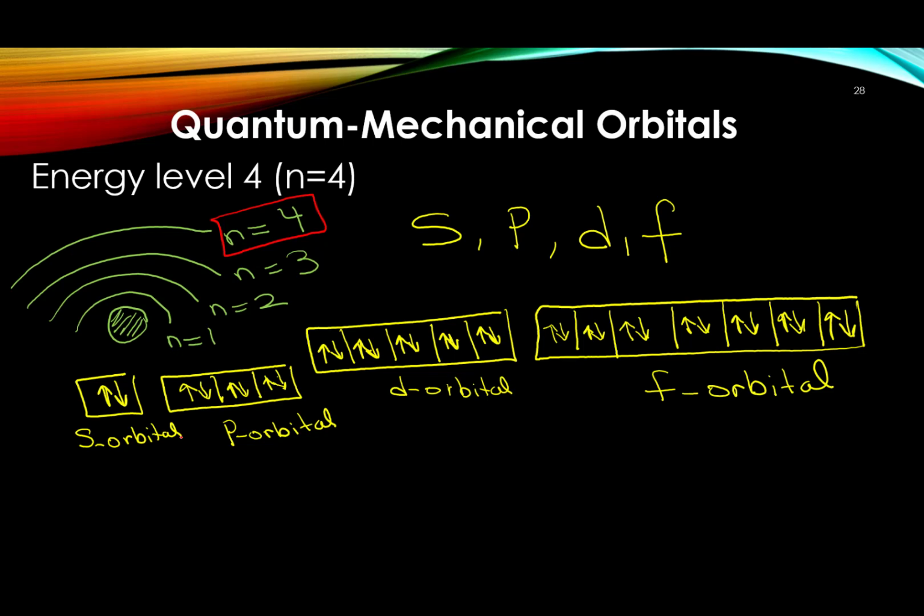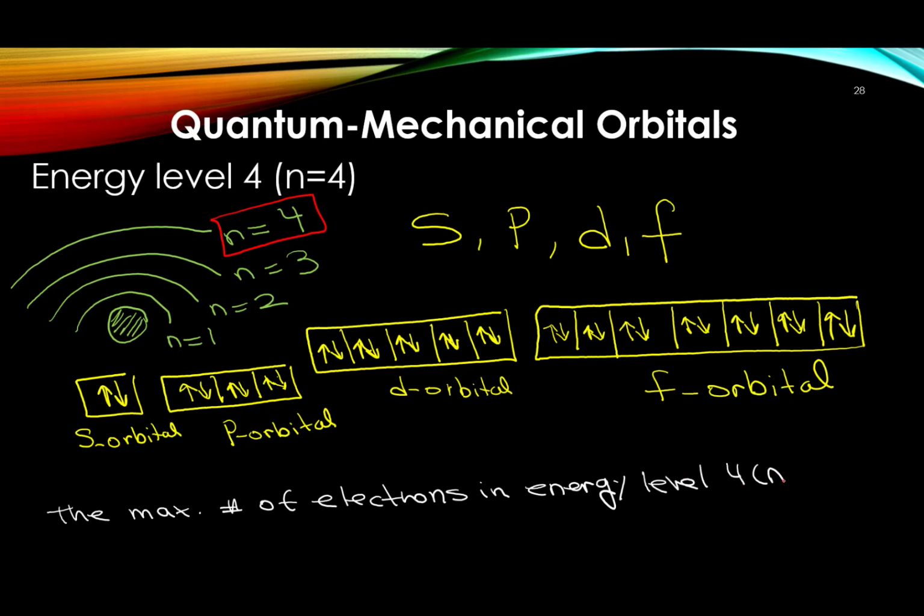Okay. Now, what's the total number of electrons we have in energy level 4? The maximum number of electrons in energy level 4 is 32.